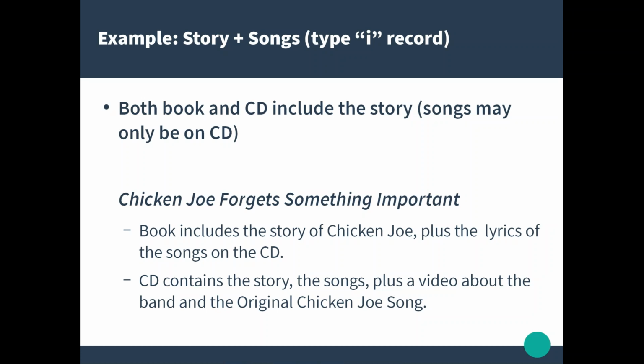Whereas here, even though we're saying it's the CD, because we've chosen a type I record, what we're saying is the non-musical part of the sound recording, the story of Chicken Joe, is more important than the songs that have been added on, right? If somebody were to pick up just the CD, the main thing would be listening to the story.